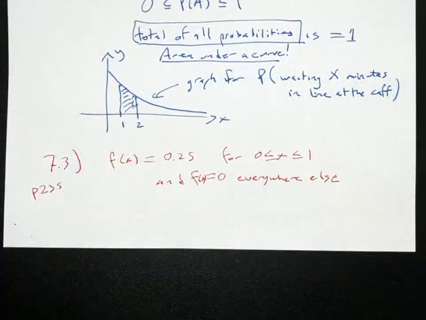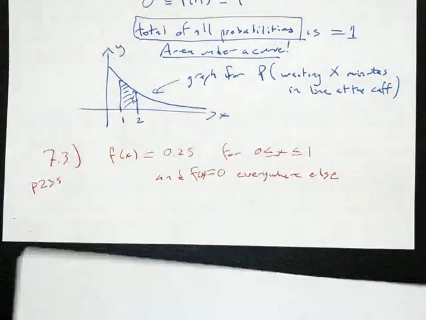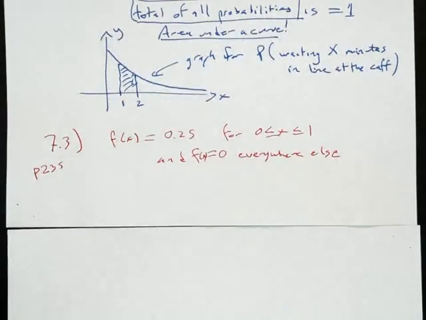Here I have a function whose output is 1/4, 0.25, for 0 less than or equal to x less than or equal to 1. And that same function is 0 everywhere else. So if I were to graph this function, what would it look like? This is where I need you to dig back into your algebra skills. Y equals 1/4.